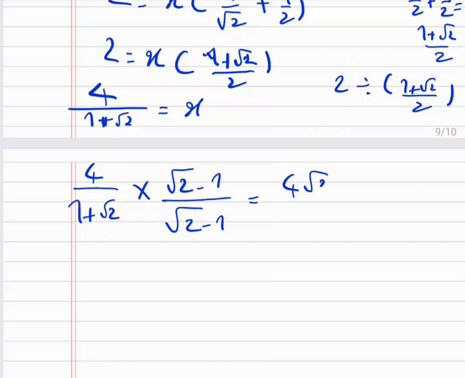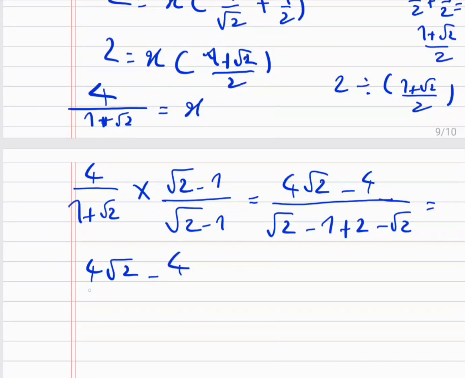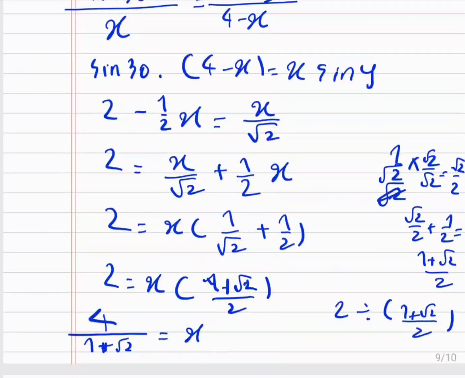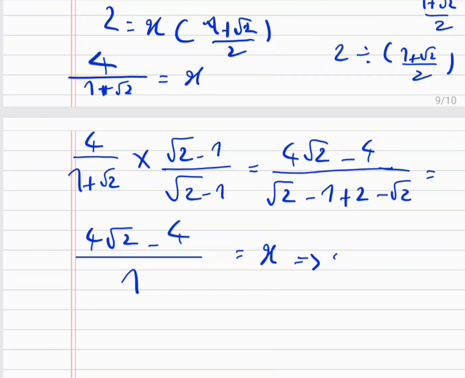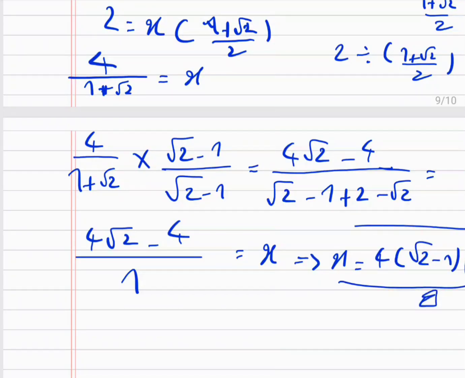So we get 4 root 2 minus 4 over root 2 minus 1 plus 2 minus root 2. So we have 4 root 2 minus 4 over just 1, and that's equal to x. Now we just need to take a factor of 4, so we get 4 times root 2 minus 1. And that's exactly what we wanted to show.